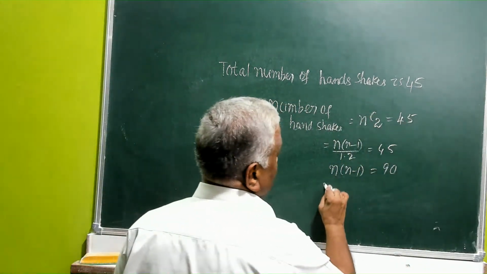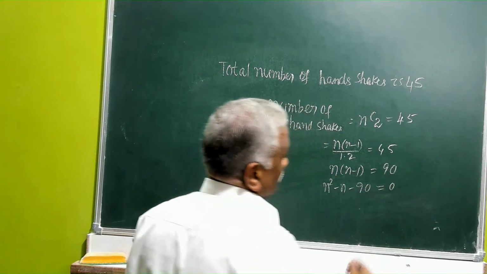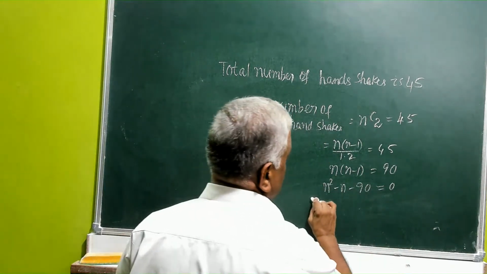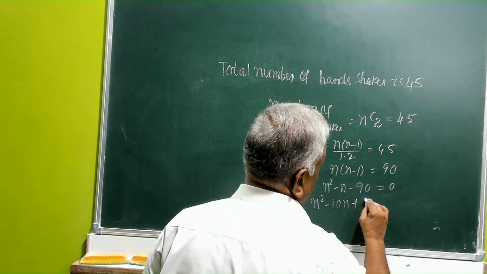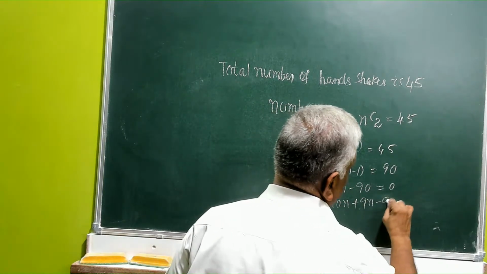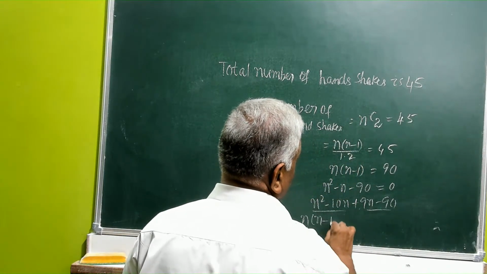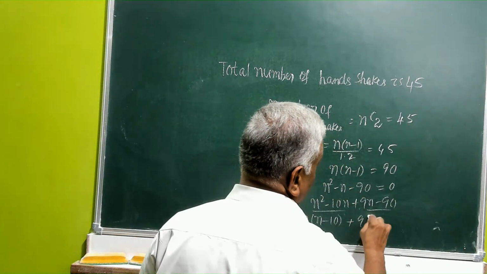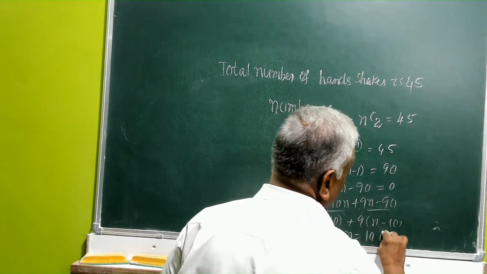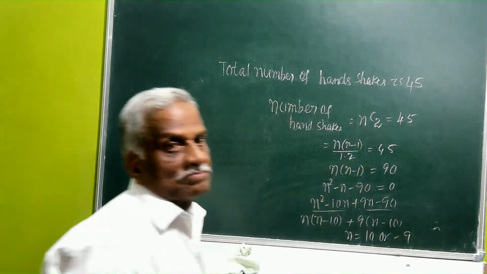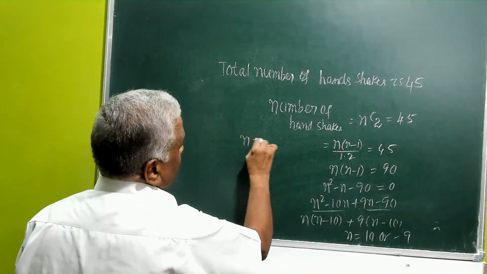So n squared minus n minus 90 equal to 0. Factorize this. n squared minus 10n plus 9n minus 90. Can take n common. (n minus 10)(n plus 9). So n is equal to 10 or minus 9. Minus 9 is not possible. Therefore, n is equal to 10 is the answer.